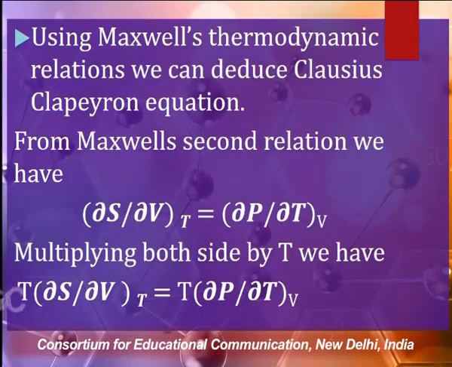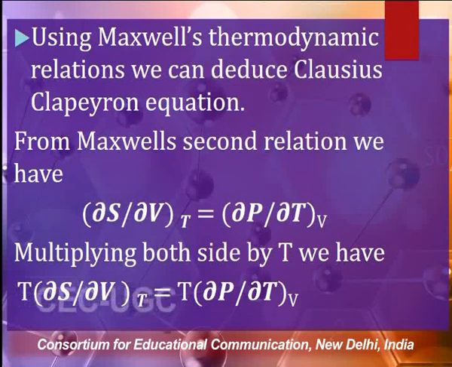From the Maxwell's second relation, we have delta S by delta V at constant temperature is equal to delta P by delta T at constant volume. Here again you will appreciate that we are getting a positive sign because S, P, T and V are occurring in the clockwise direction.